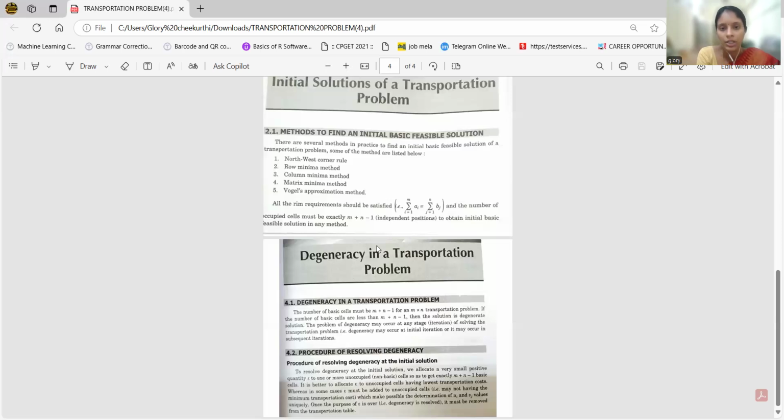To obtain an initial basic feasible solution, northwest corner, row minima, column minima, matrix minima, and Vogel's are some of the important methods.